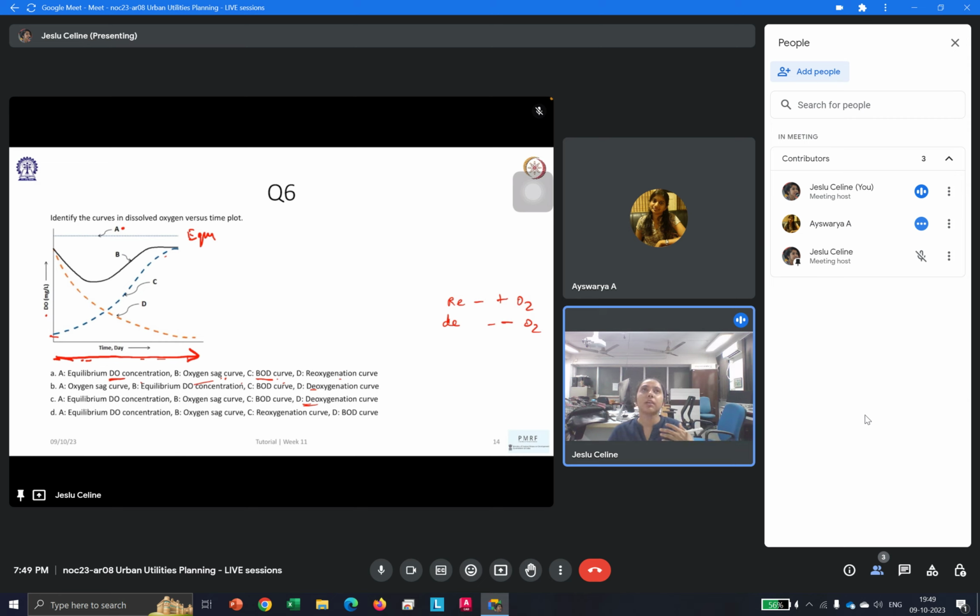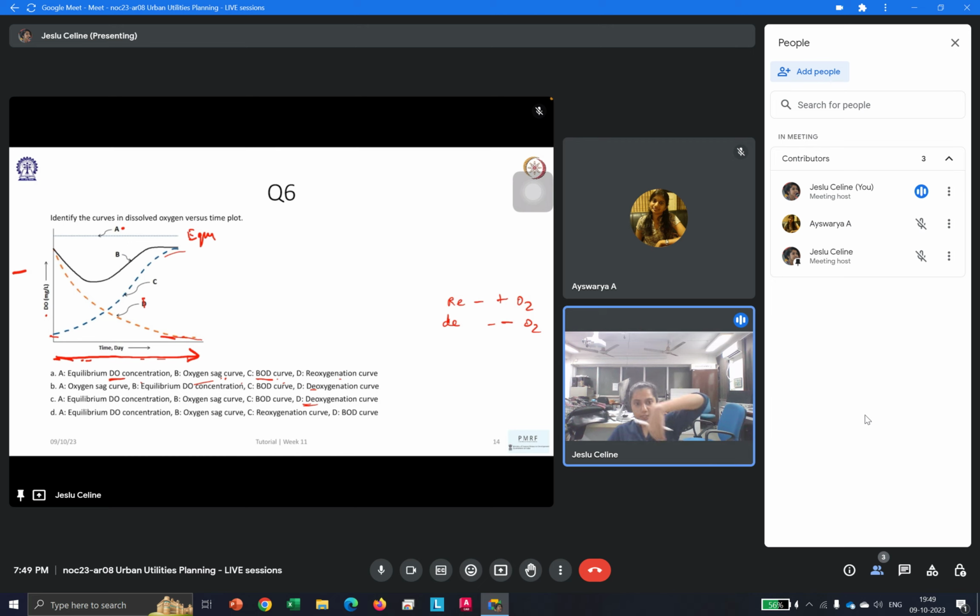Now the BOD curve depends upon the demand which is there. BOD stands for biochemical oxygen demand, so it depends upon the reaction. So in this curve you have the reoxygenation, and this one is the BOD curve only. D is your BOD curve.